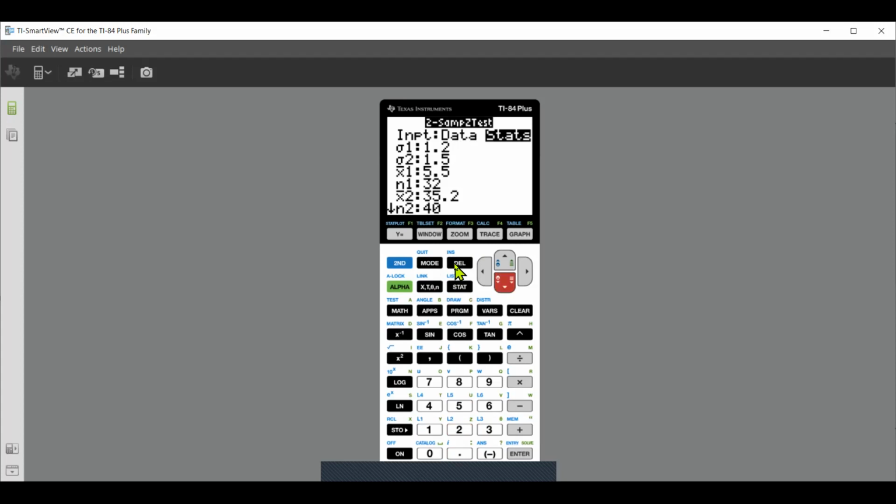The women have a sample mean of 4.2 with a sample size of 30.